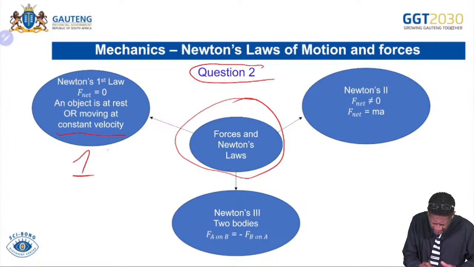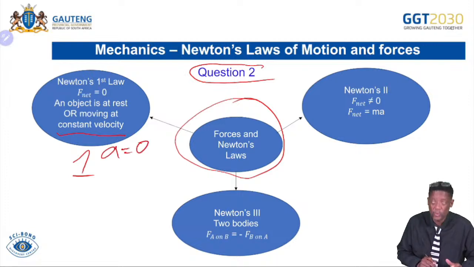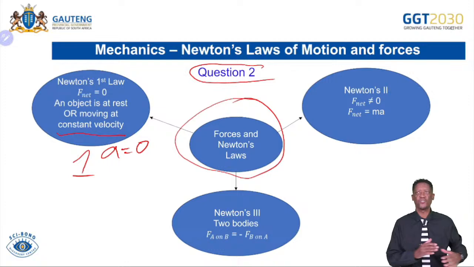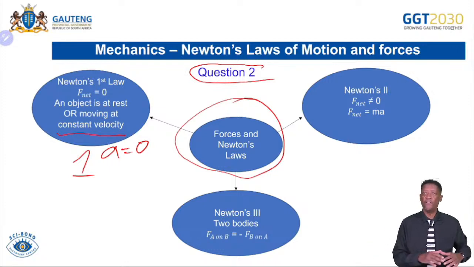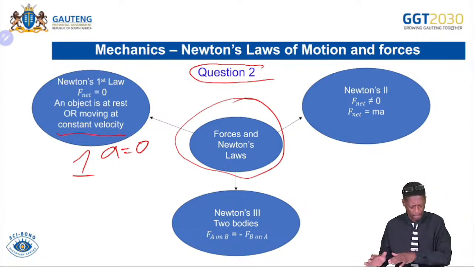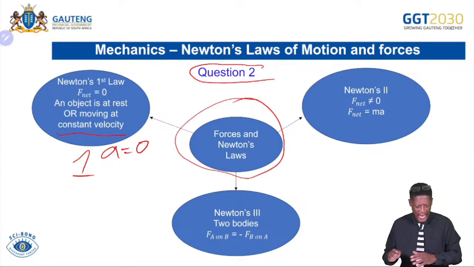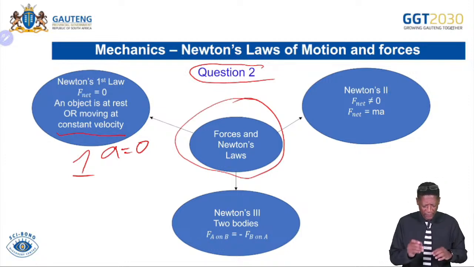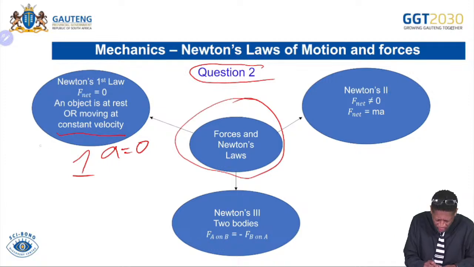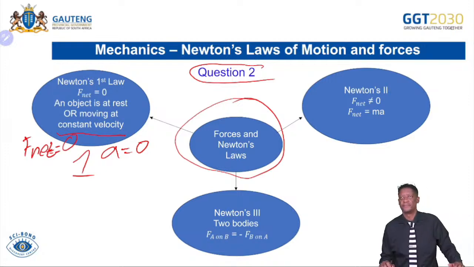It tells you that acceleration is equal to 0, because there's no change of motion there. It moves constantly. And we know that for this law, the net force is equal to 0. Right?